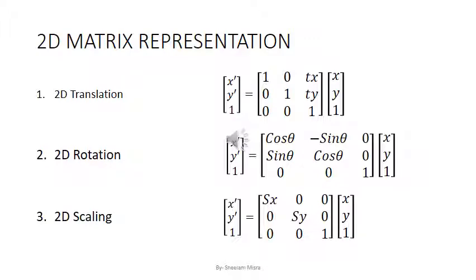2D matrix representation. 2D translation can be written as [x' y' 1] is equal to [1 0 tx; 0 1 ty; 0 0 1] into [x y 1].